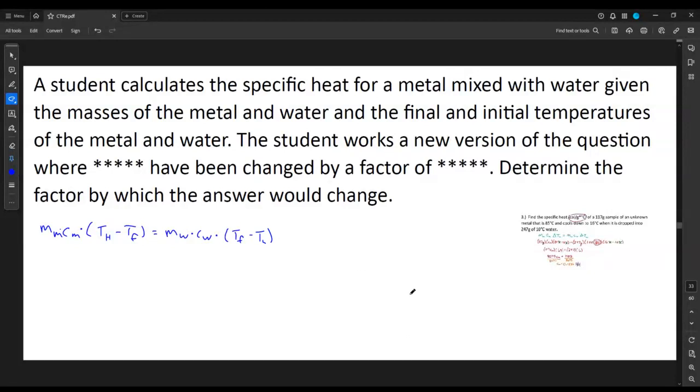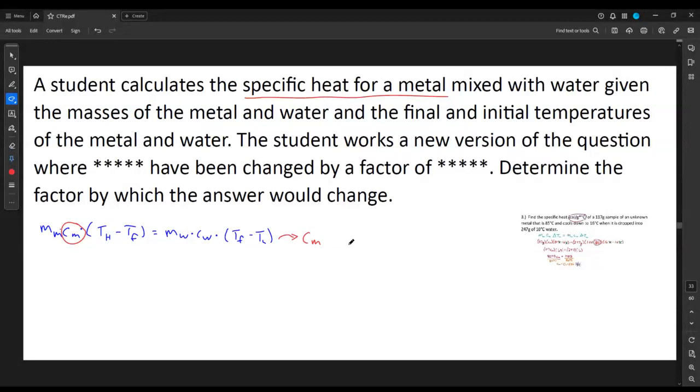Okay, so now we want to find the specific heat of the metal. So we're looking for this thing, which means we need to divide all that other stuff away. So I'm going to bring this over, but we need to take these things, divide them, and bring them under.